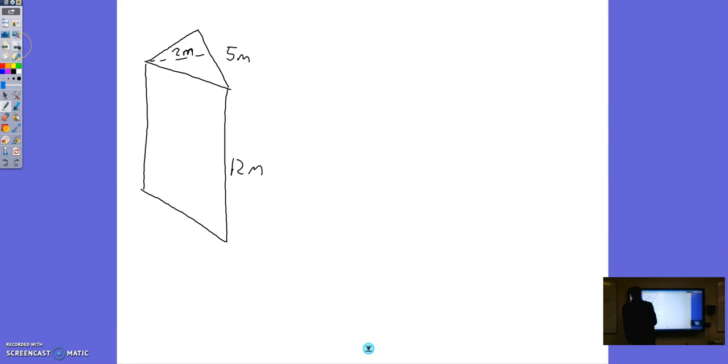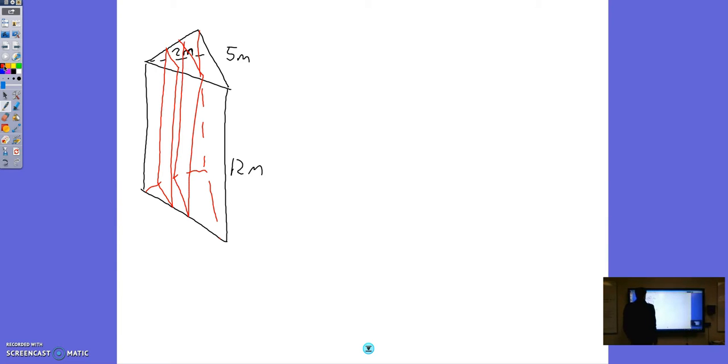Now, looking at this shape, we have a triangular prism. Now note that if I choose to cut this object like so, okay, where this is the bottom triangle here. When I cut it again here, I will get a different shape.